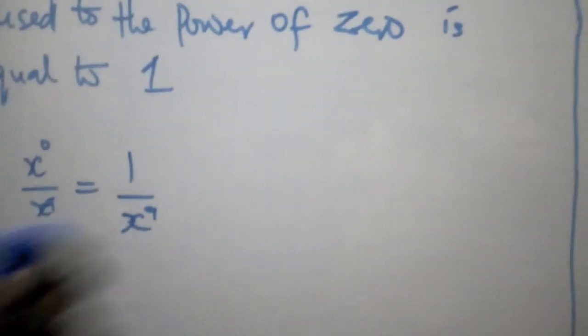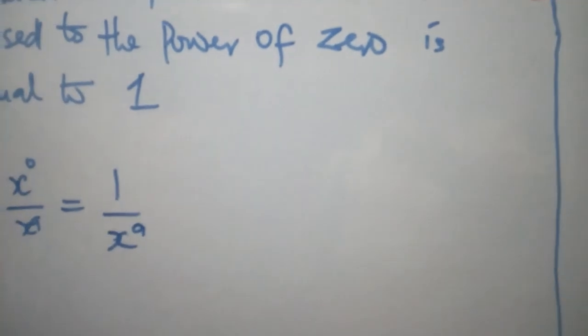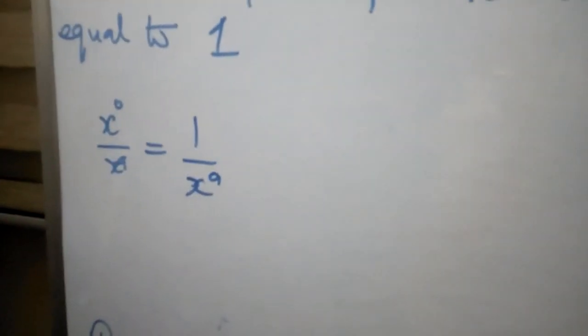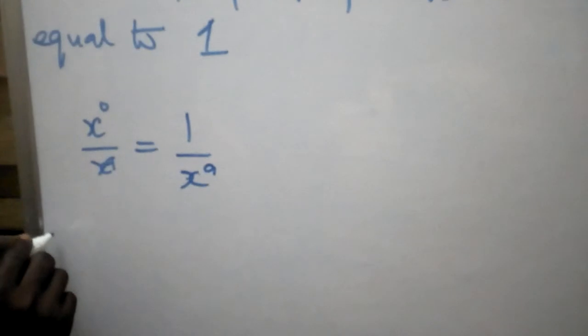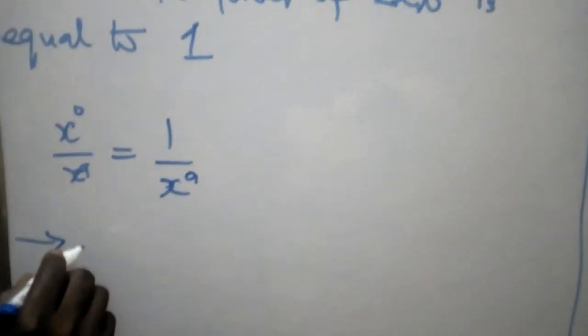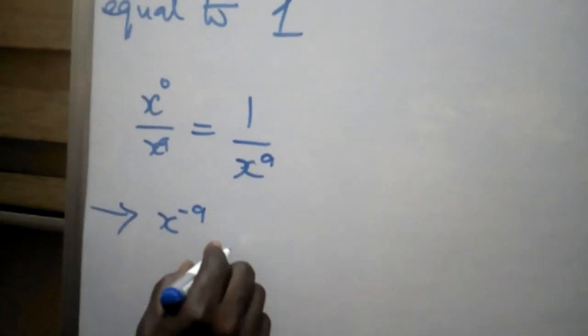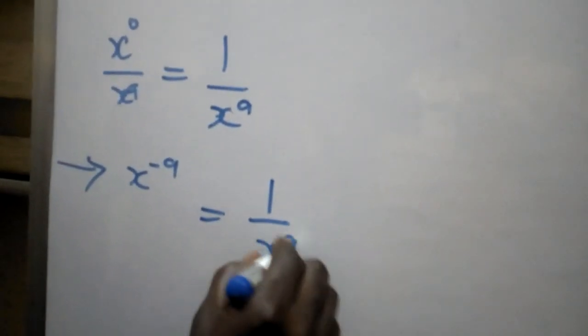I don't know if you understand this properly. So if you have an expression such as x to the power of minus a, it is the same thing as 1 all over x to the power of a.